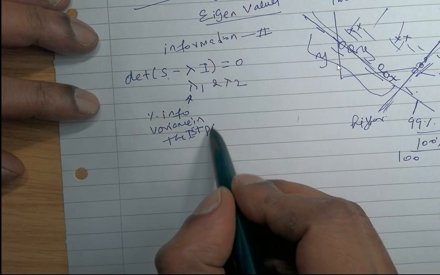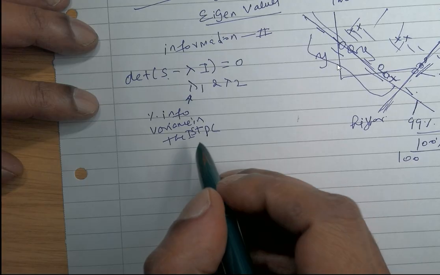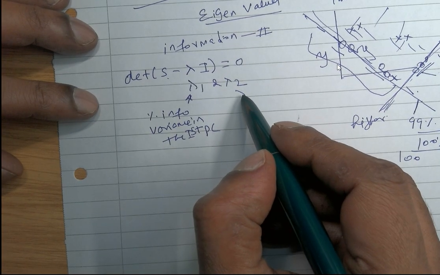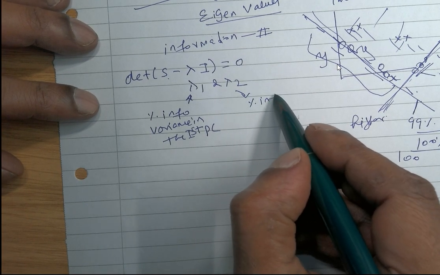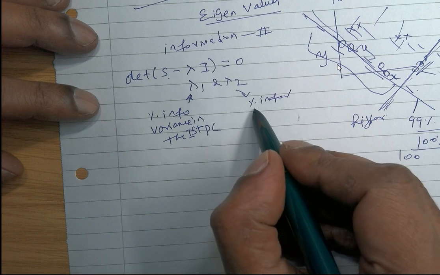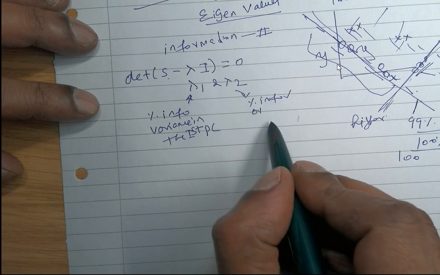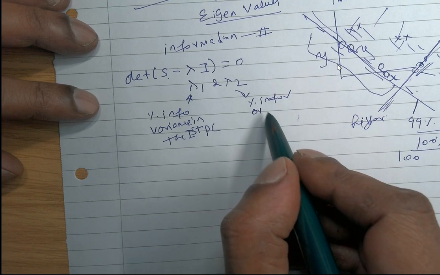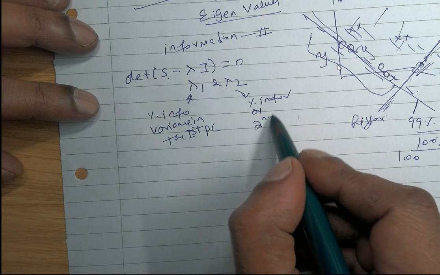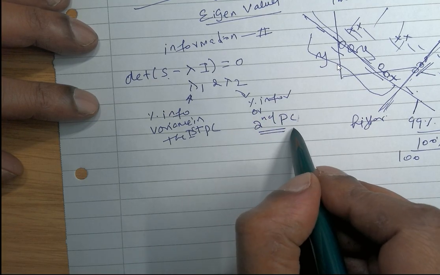The first principal component carries the majority of the information, and lambda 2 is the percentage of information or variance captured in the remaining PC, in this case the second principal component.